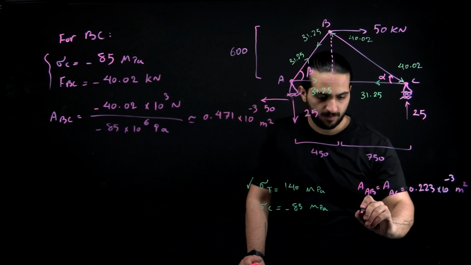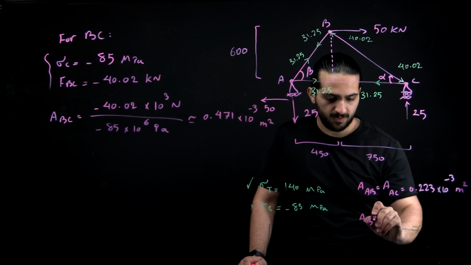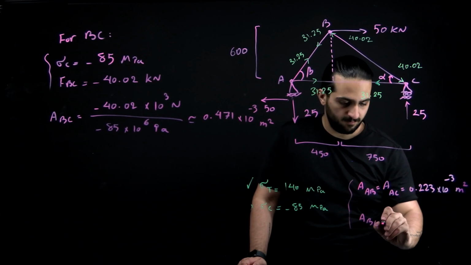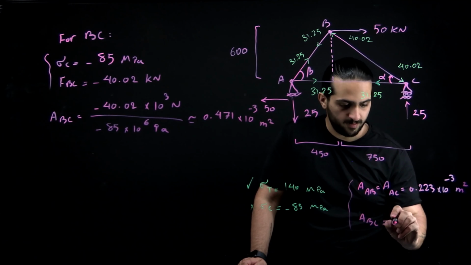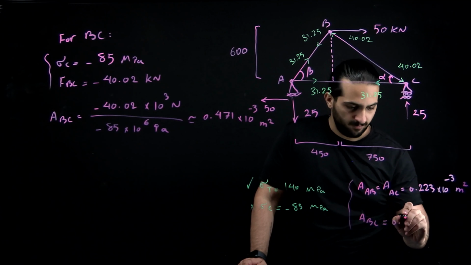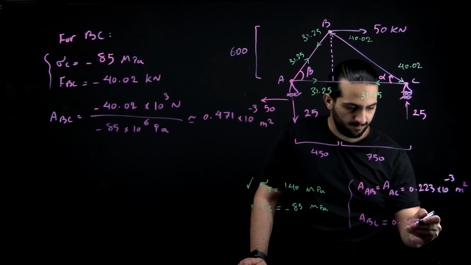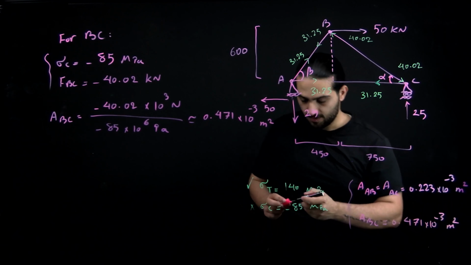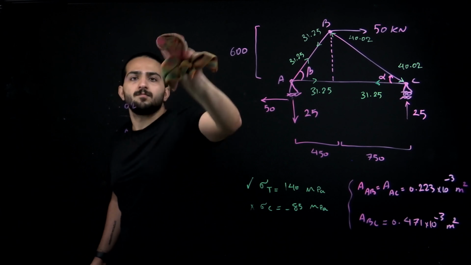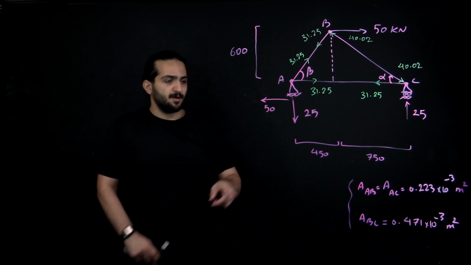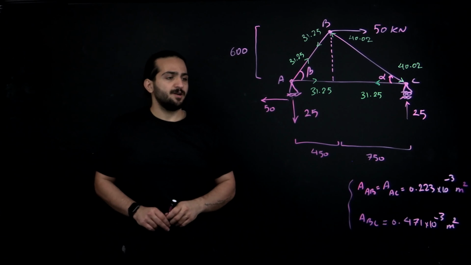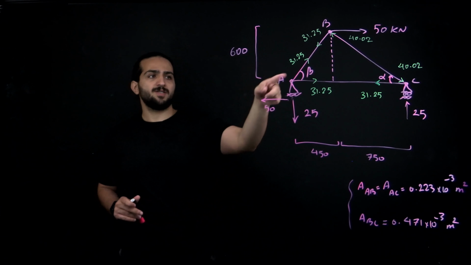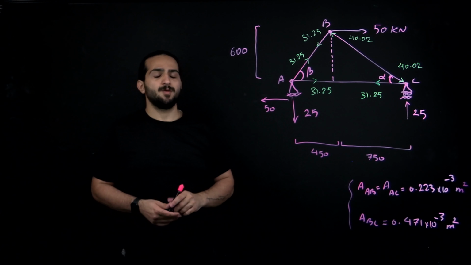So A of BC will be 0.471 multiplied by 10 to the power of negative 3 square meters. Okay, so these are the cross-sectional areas for each member, and you can see the forces in each member.